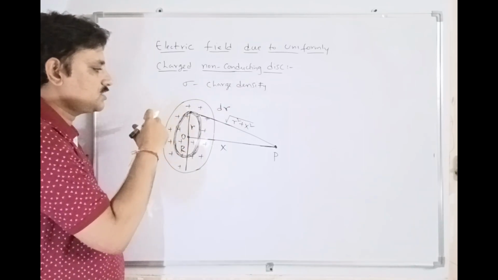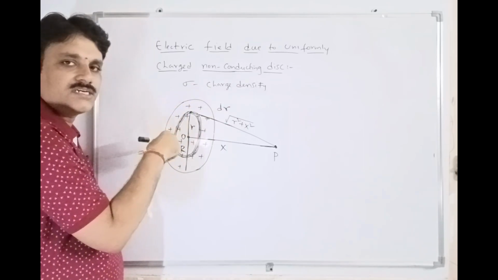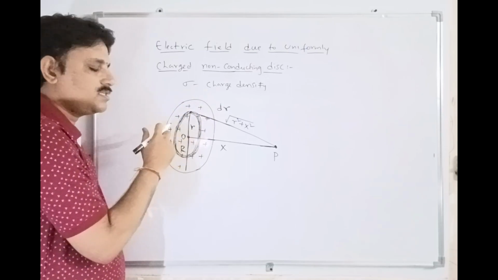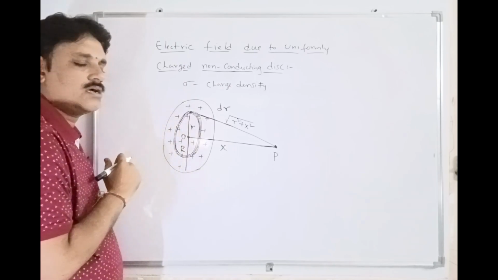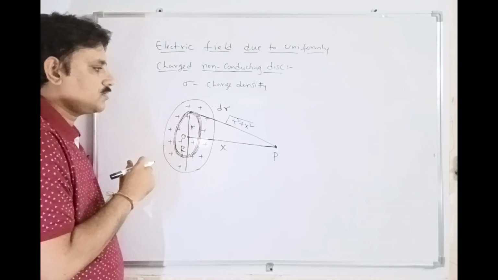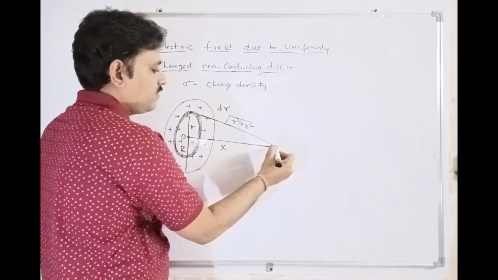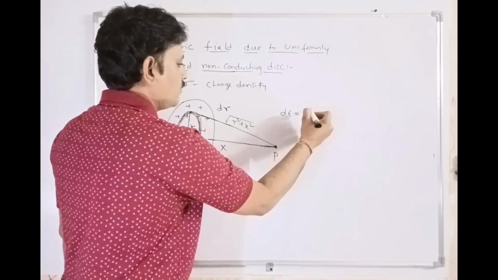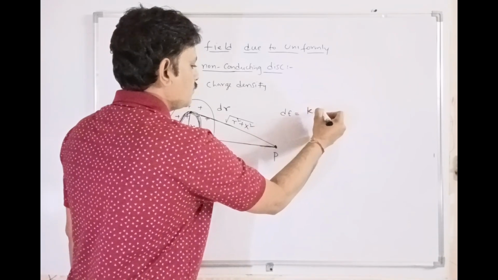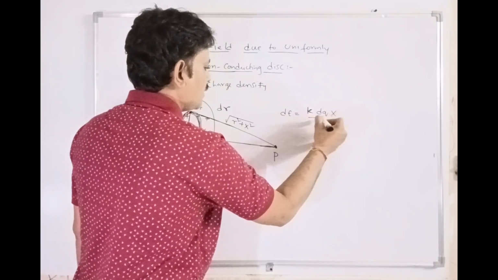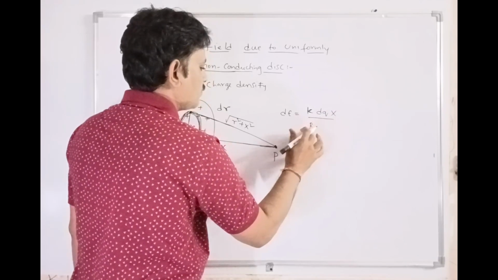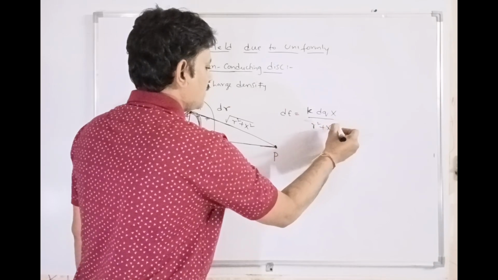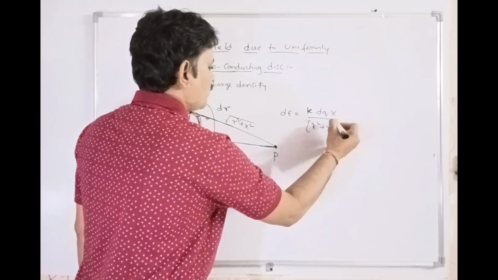So first we choose a small circular portion of thickness dr on the disk, at a distance r from center O. For this portion, the electric field at point P is given by K into dq into x by r square plus x square whole power 3 by 2.